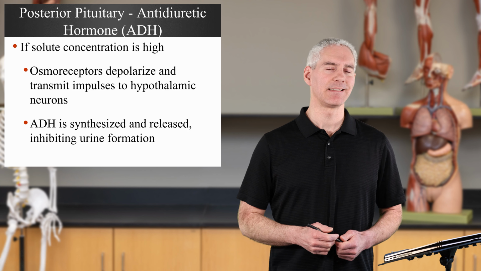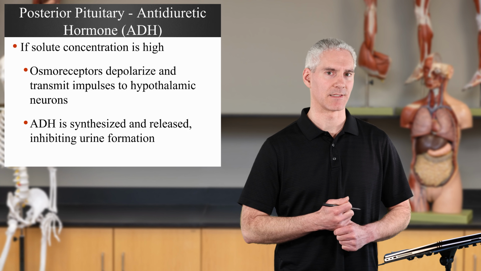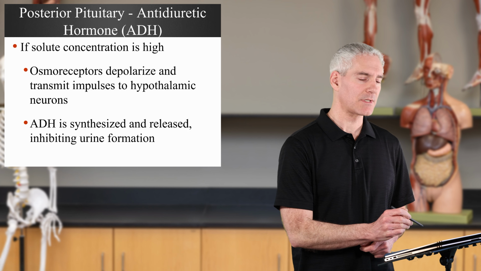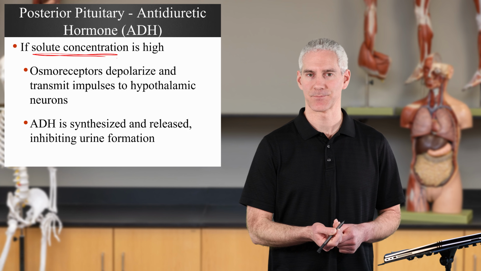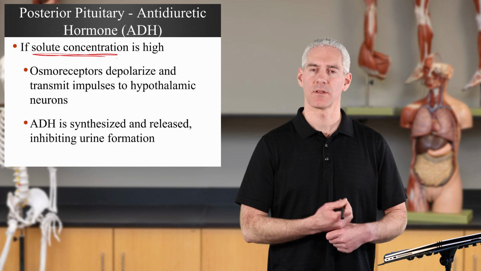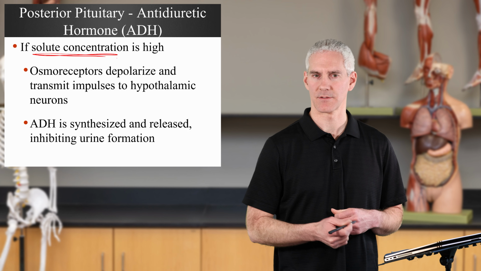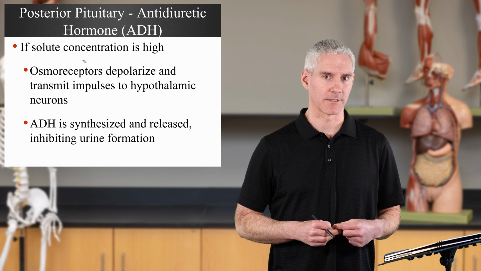Now, the antidiuretic hormone is going to help with controlling fluid balance in your body. So we'll start off with if the solute concentration is high. That means in your blood, you have a higher than normal level of solutes or particles. Because remember, your blood is mostly water.